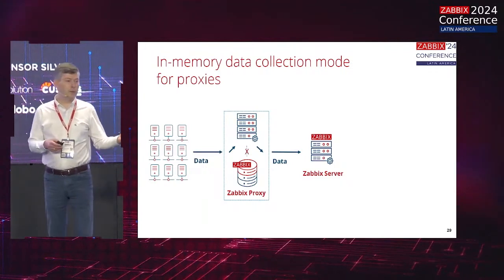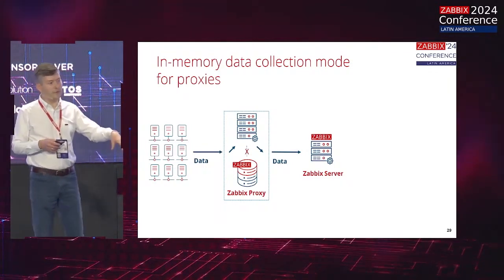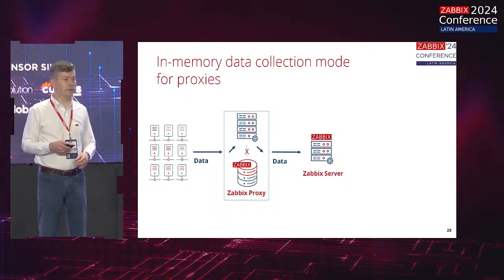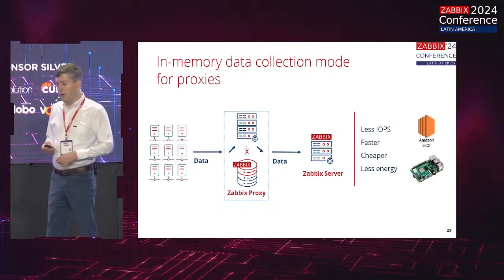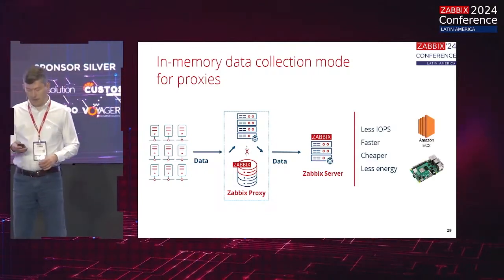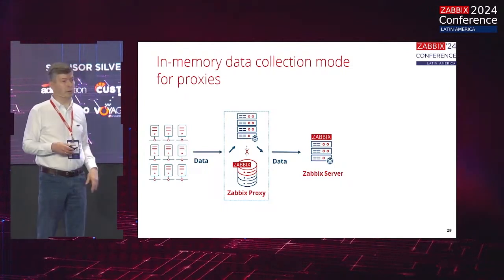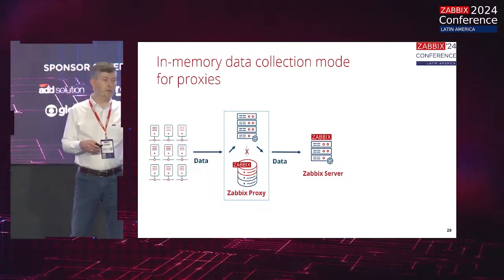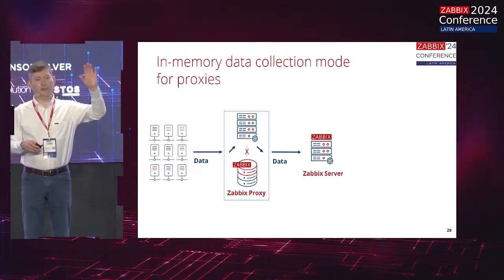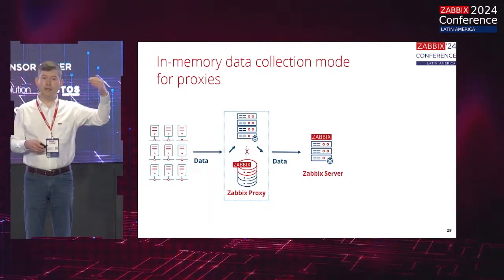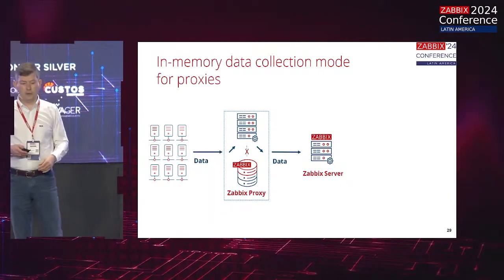And then it would read this data from the database and send it to the Zabbix server. But now we may keep data in memory. We create an in-memory buffer on proxies, collected data is stored in memory, and then it's sent straight away to the server.